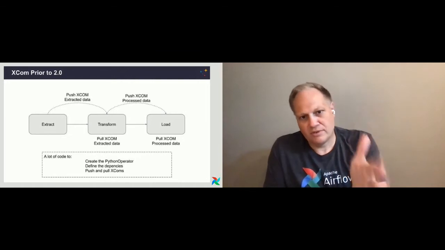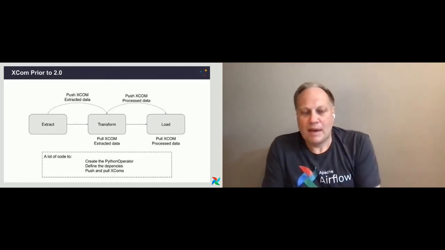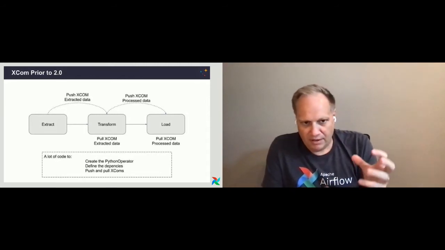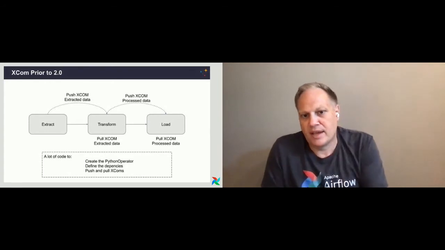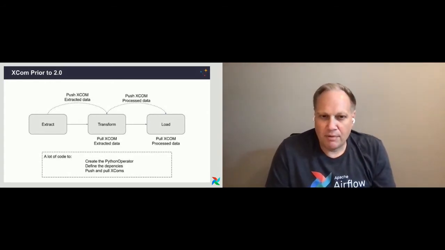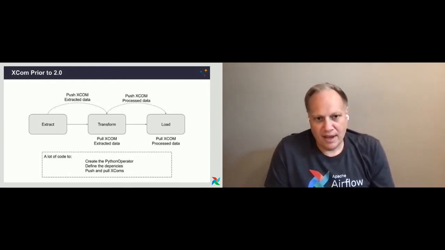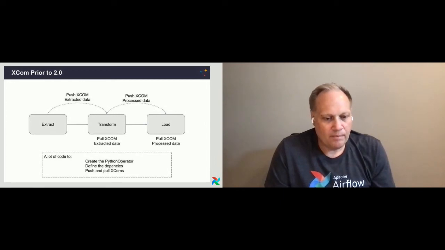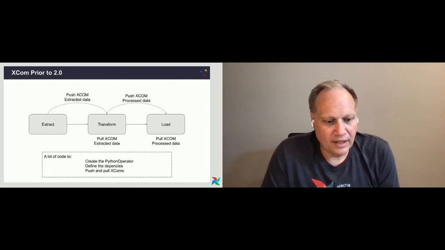So if you wanted to do an extract, transform, load, you had to basically make the decision where you wanted to stick your output, and explicitly call that output as an input in the next task, which was great because it gives you lots of flexibility. But if generally you want the outputs of one task to be the inputs of the next, it felt a little bit like a little extra typing, and also kind of left some room for error.